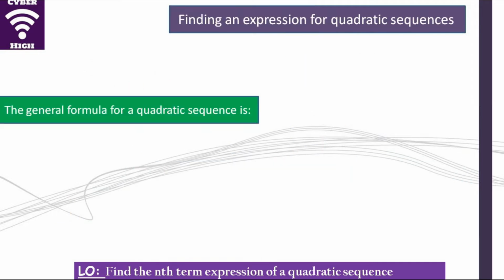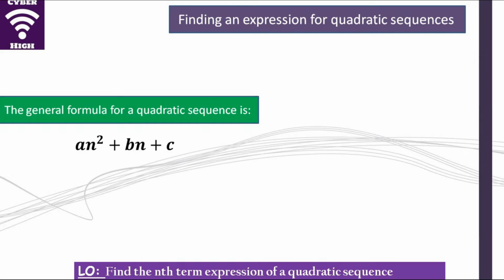How do we then find an expression for the quadratic sequence? I want you to take note. Every quadratic expression is in this format: an squared plus bn plus c. This n is the letter that is represented. Remember, we are looking for the nth term, which is the general expression. So when we have n squared, it simply means it's quadratic.